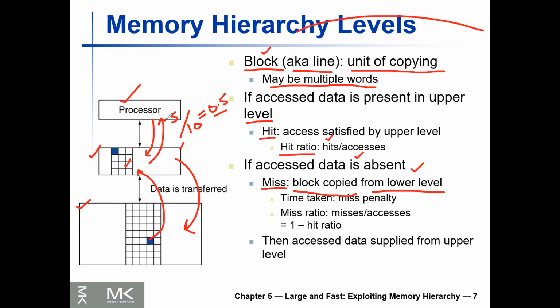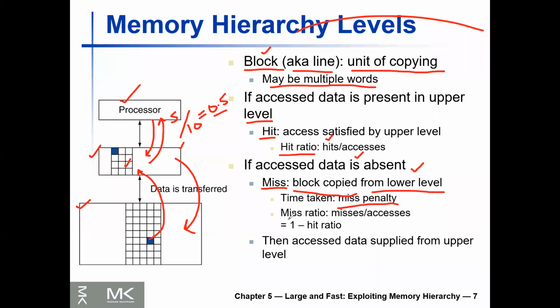In this process, we need to spend time, and that time is called the miss penalty. So whenever there is a miss, there is a time penalty to bring the data from the lower level to the upper level and then supply it to the processor.